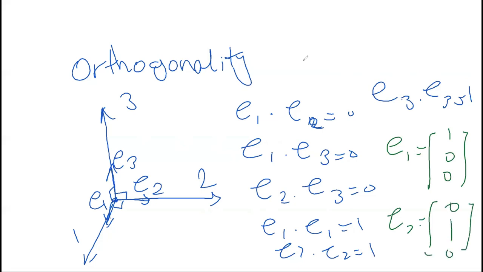So if I multiply E1 by E1, it will be 1. It's clear. E2 by E2 will be 1. E3 by E3 is 1. But if I multiply E1 by E2, it will be 0, because 1 is multiplied by 0, 0 multiplied by 1, 0 multiplied by 0. So this property is called orthogonality.